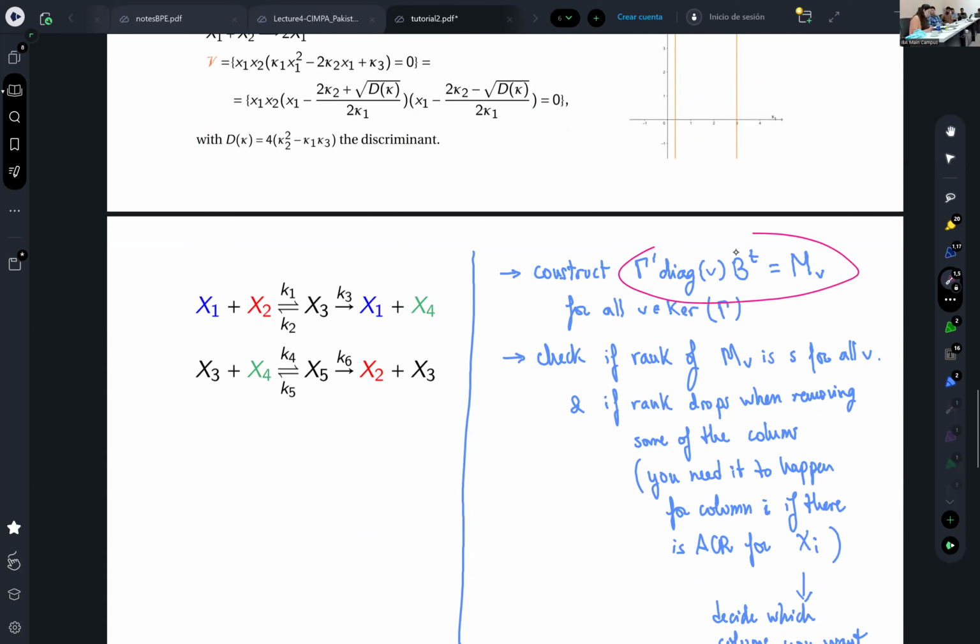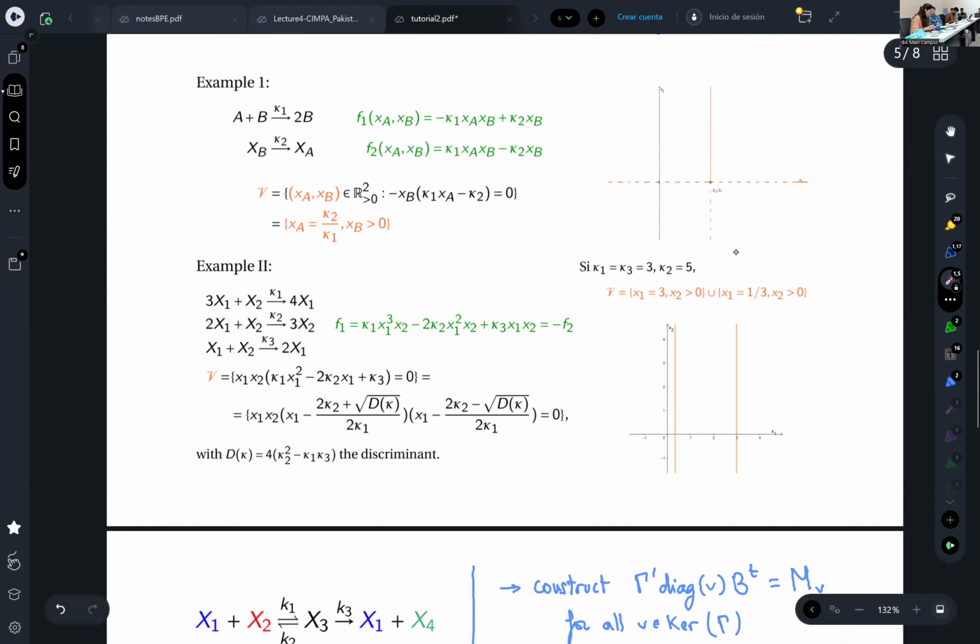I showed you in the lecture for this system, but I know it's big, so maybe we can do it for one of the smaller systems together. This was not a good idea. Okay.